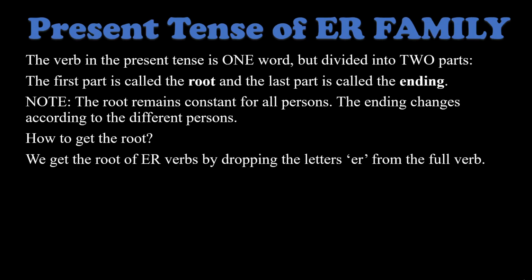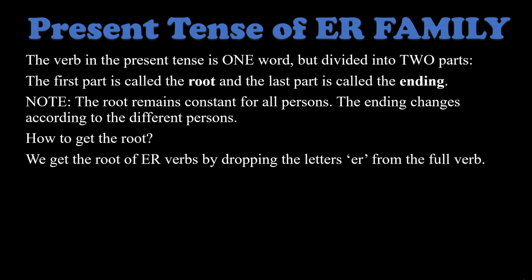So, the verb in the present tense is one word. It's a single word, but that word is divided into two parts for ease of conjugation. The first part of the word is called the root, and the last part is called the ending. Now, the root is constant for all the persons.